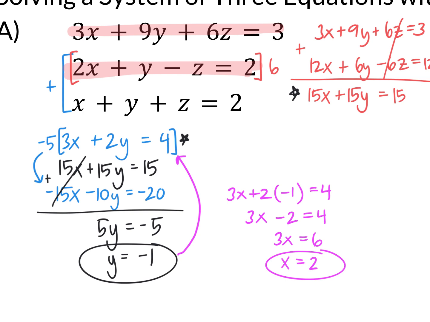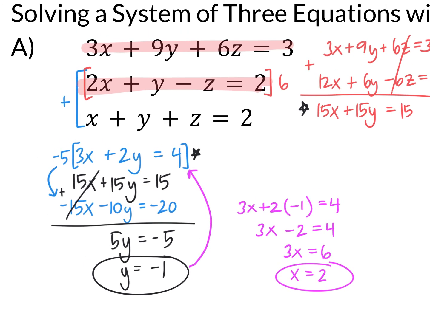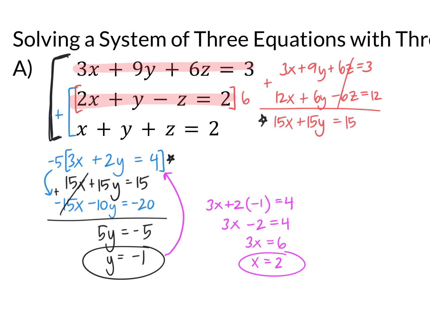We do have to find z. So I found x, I found y. To find z, we need to plug both of these things back into one of my original 3 equations. It doesn't matter which one you choose. Again, there's usually an easier one to choose than the other, but plug it back into the original. So which one do we want to use? The last one. So I'm going to plug in x plus y plus z equals 2. I'm going to plug in all my values.